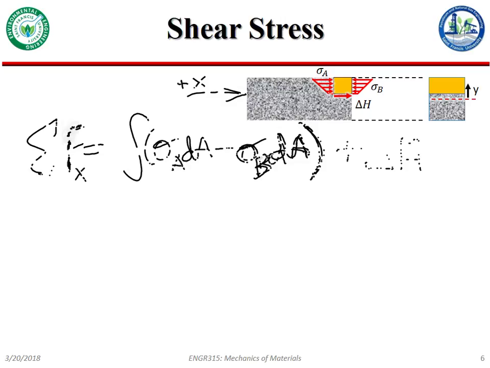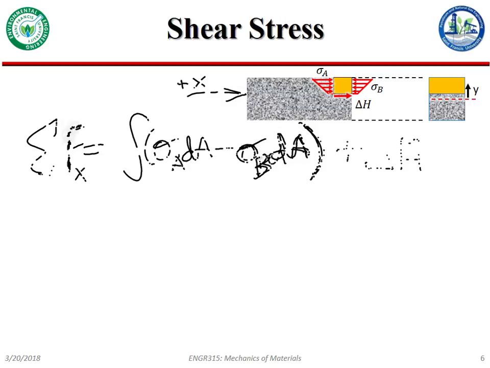Where do I get bending stress from? M_bend y over I. So my bending stress is the bending moment times the perpendicular distance from the neutral axis divided by the second area moment of inertia. Then I can substitute in for both of these.